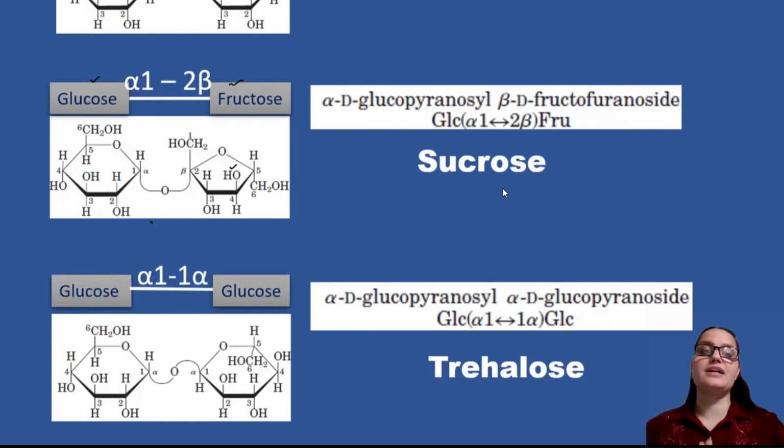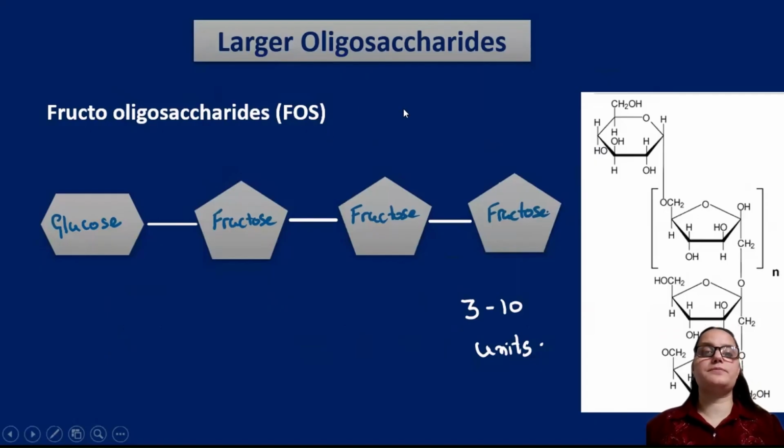Apart from disaccharides, we come across many other oligosaccharides also. So the most important ones which we come across are basically the fructo-oligosaccharides and galacto-oligosaccharides. Sometimes there are gluco-oligosaccharides as well. So what are these fructo-oligosaccharides?